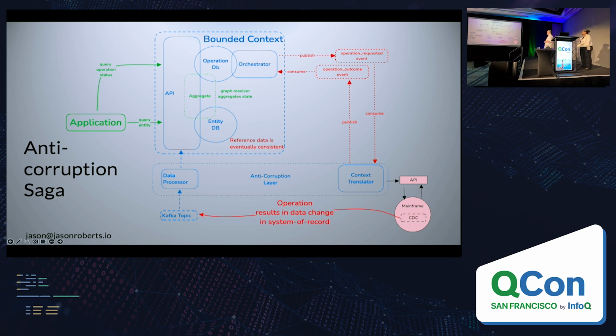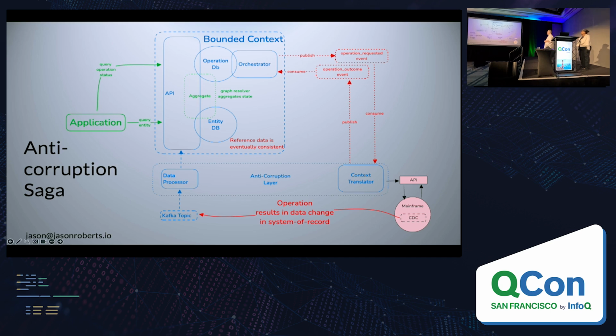And we're also going to see the change from the data through our change data capture come out into our entity database. So the reference data, our entity, will be eventually consistent. And our state machine here will be eventually consistent because it'll learn about the outcome. But those two things are different.